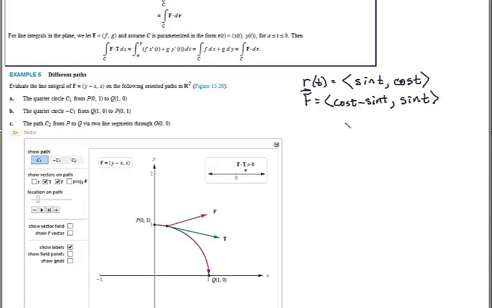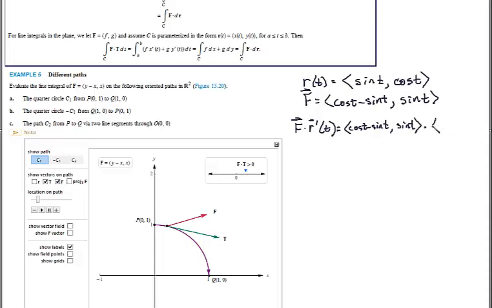What I need to do next is the dot product of my F vector and the derivative of this r. So here's my F, which is cosine t minus sine t, comma sine t.